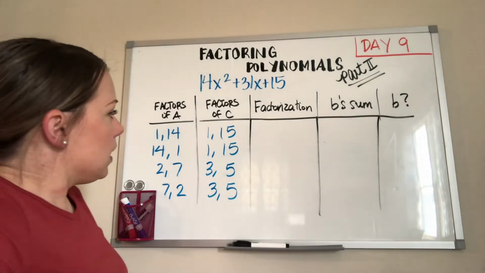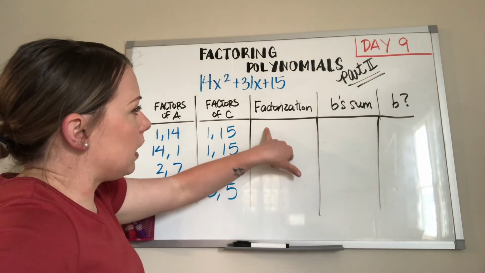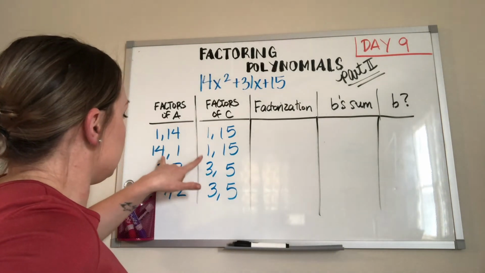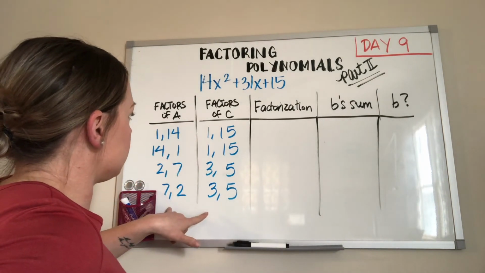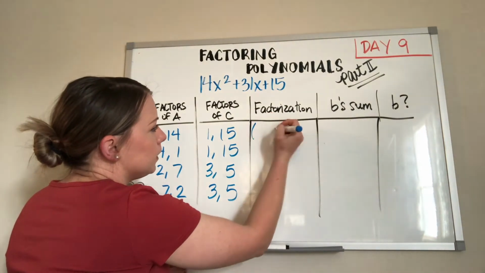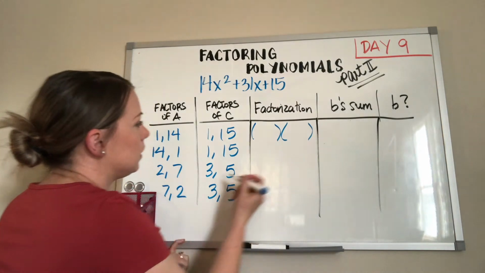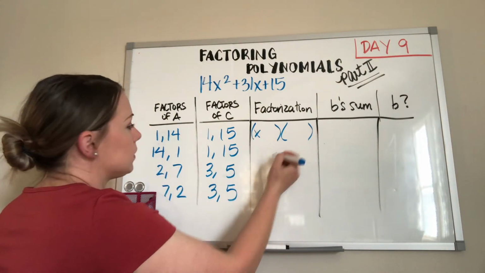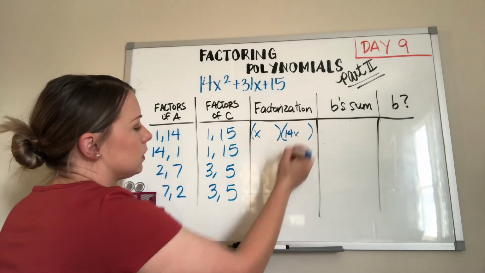Now let's try to figure out my factorizations per each of the given factors. So my first set, again, these are A, so these would go first, so I would have x and then 14x.